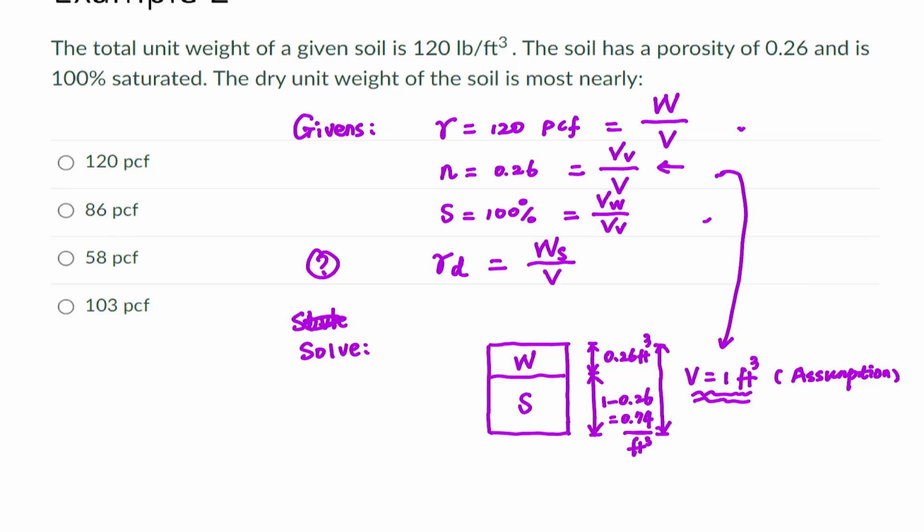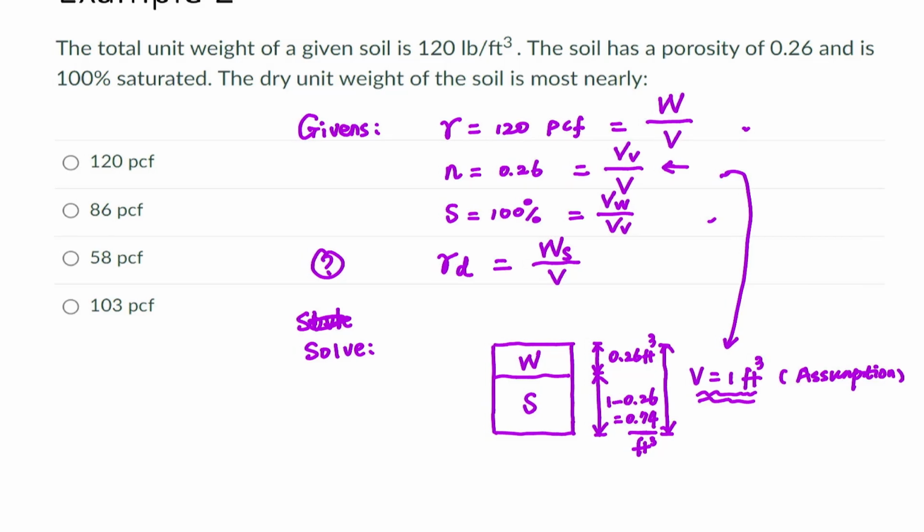Okay, so coming back to another given, which is this gamma over here. We know gamma is 120 and the total volume is 1 cubic foot. So we would know that the total weight would be 120 pounds, right?